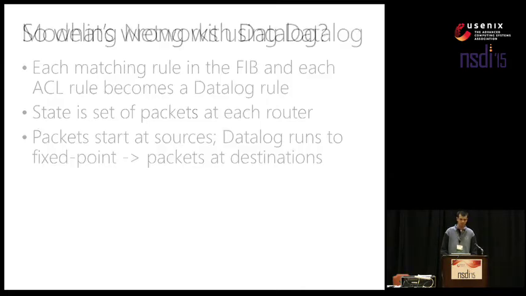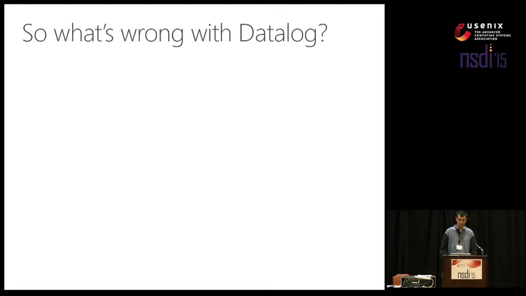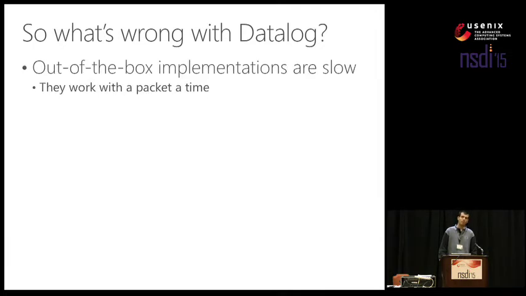Okay, so it seems that Datalog is perfect, but what's wrong with it? The problem is that out-of-the-box implementations are quite slow for this domain, because they process one packet at a time.